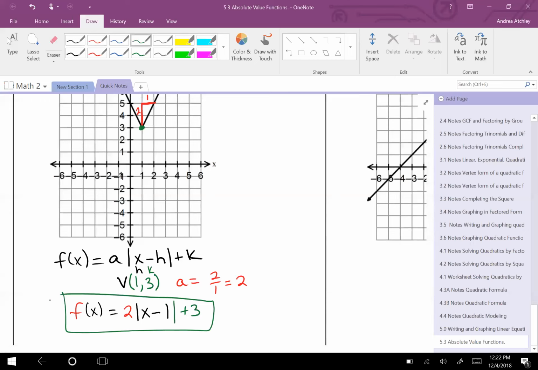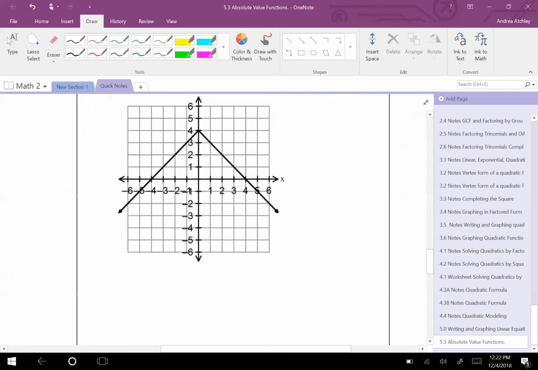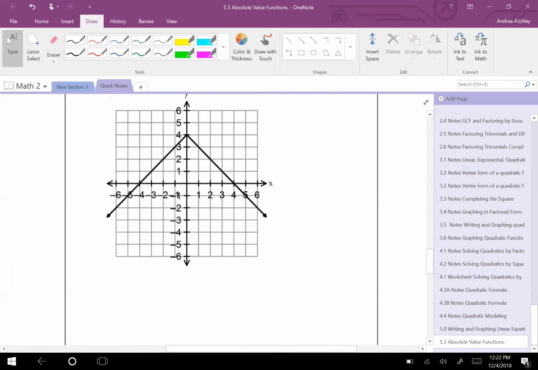Any questions over that? Okay, next one. Tarek, what is the vertex? 0 and 4, very good.